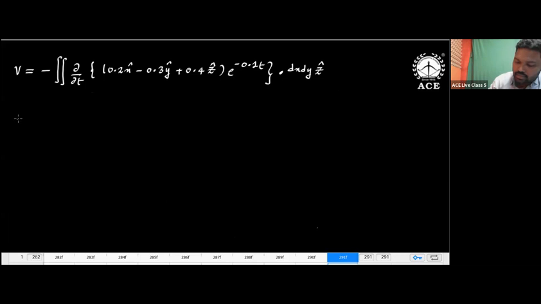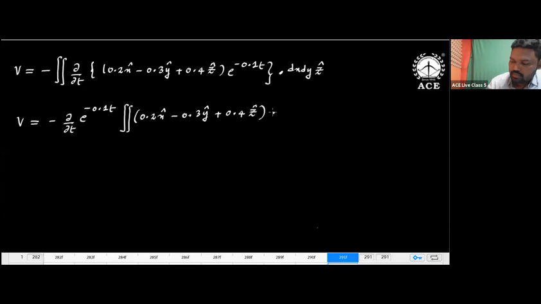Clear, beta? Just bring this differentiation outside: dou by dou t of e to the power of minus 0.1 t, surface integral of 0.2 x cap minus 0.3 y cap plus 0.4 z cap, dot product with dx dy z cap. So here this dot product remains and everything else will go 0.